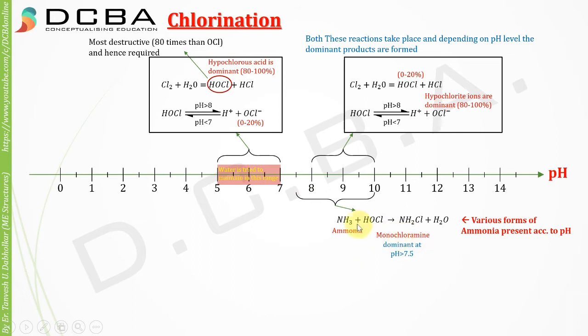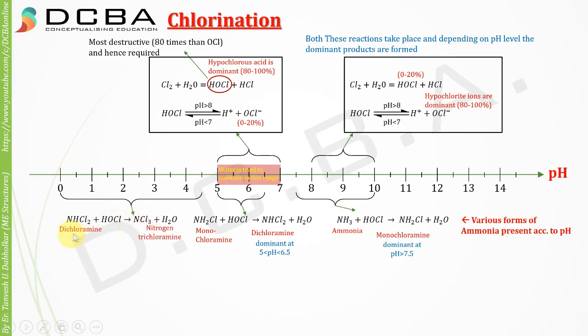When the pH level is reduced to between 5 to 6.5, monochloramine further reacts with the hypochlorous acid to form dichloramine plus water, and when it is further reduced, dichloramine plus hypochlorous acid forms nitrogen trichloramine plus water. So these reactions take place depending on various pH levels.